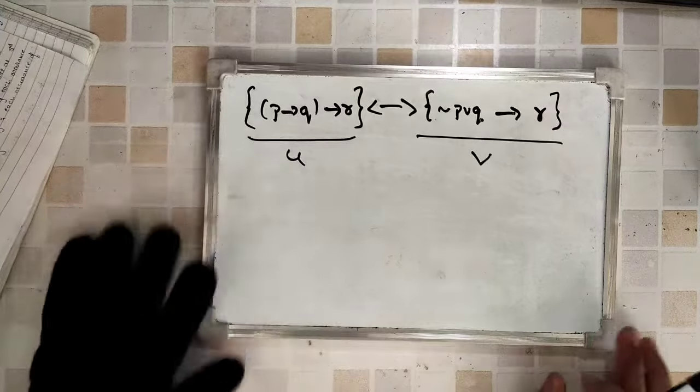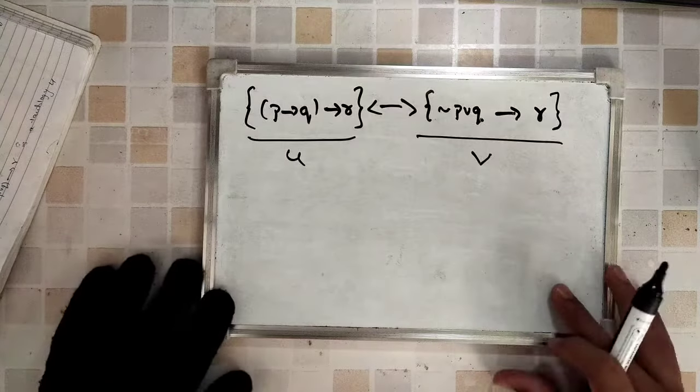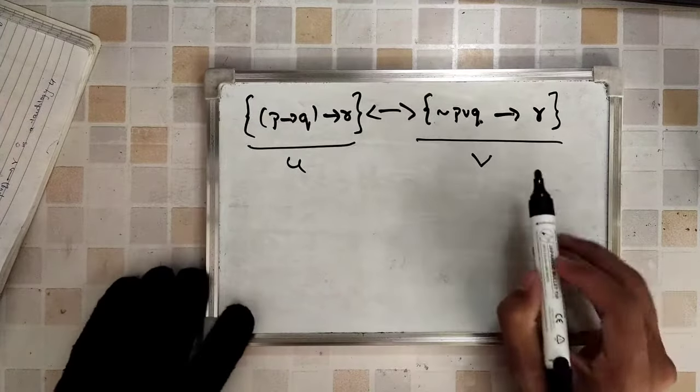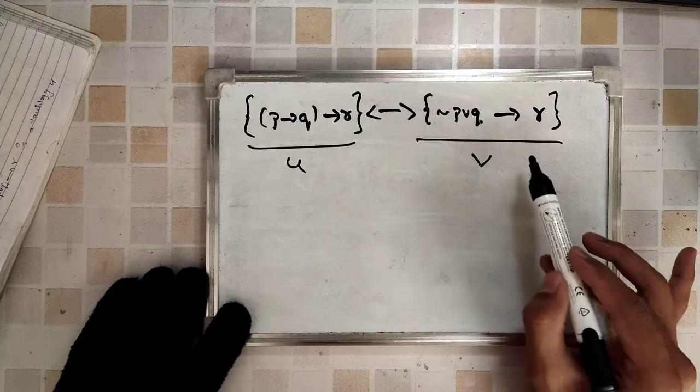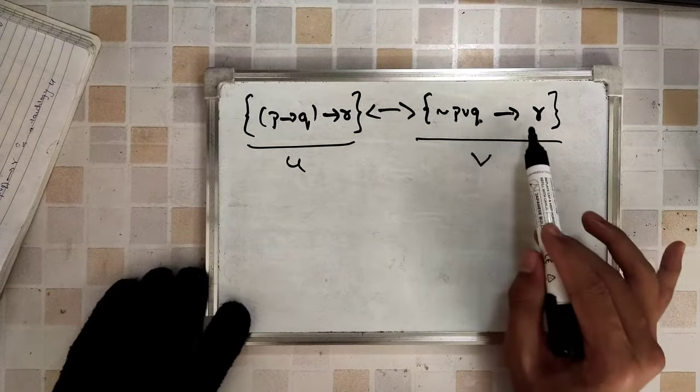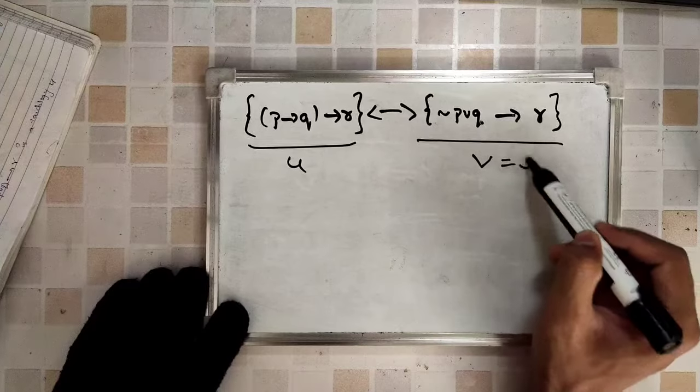So let us keep one side as it is. Here we have negation P or Q implies R as V, and U is equal to this.